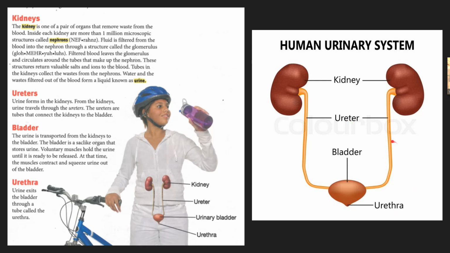People often get confused between the ureter and the urethra. They're spelled kind of similar. So make sure you understand the difference between them. The ureter connects the kidneys to the bladder. That's ureter. Urethra is from the bladder to the outside.